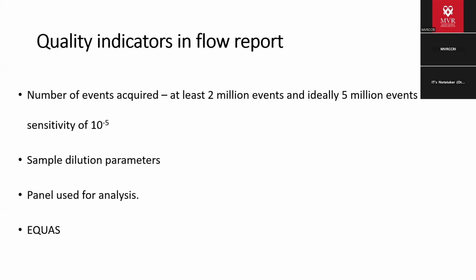Taking all this into account, the recommendation is that at least 2 million events have to be acquired for myeloma MRD. What is preferable is that a minimum of 5 million events should be achieved for reaching a sensitivity of 10 raised to minus 6. So for assessing the quality of a report, first look at the number of events acquired, and see whether the sample is hemodiluted. A good report will have parameters which show whether the sample is hemodiluted or not.